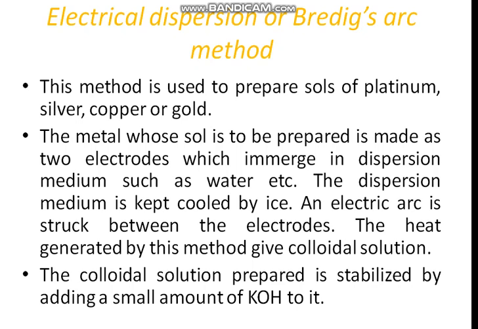The metal whose sol is to be prepared is made into two electrodes which are immersed in the dispersion medium. Generally water is used as the dispersion medium in electrical dispersion. Then the dispersion medium is kept cooled by ice. An electric arc is struck between these two electrodes.